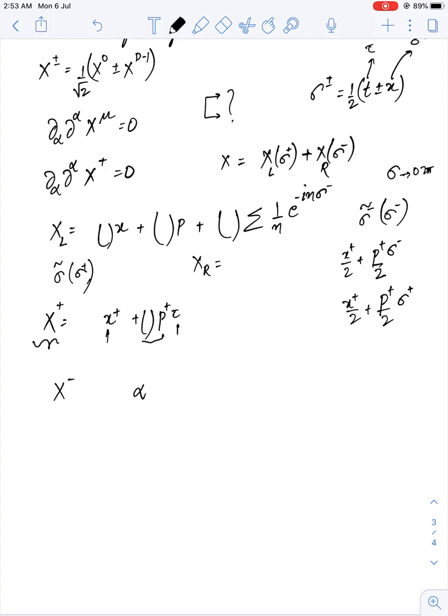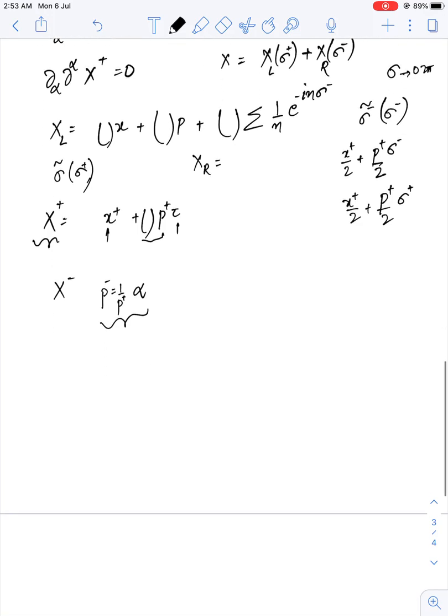Yeah, those coefficients are creation and annihilation operators, and you get some conditions on them, but p minus has to obey them with p plus, and using those constants we get the... that's all we do.